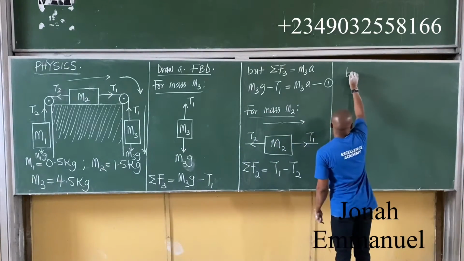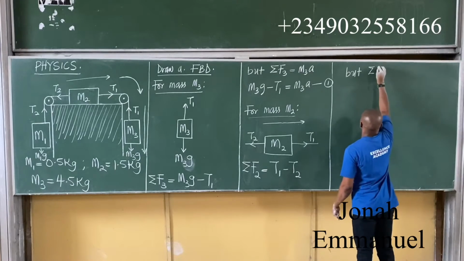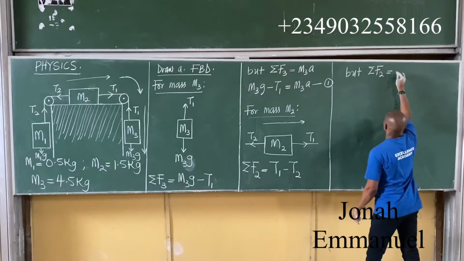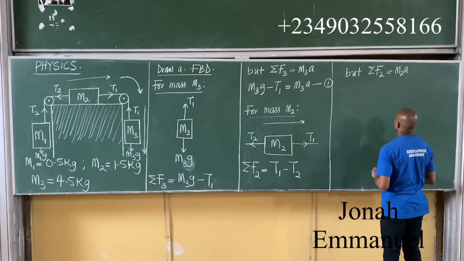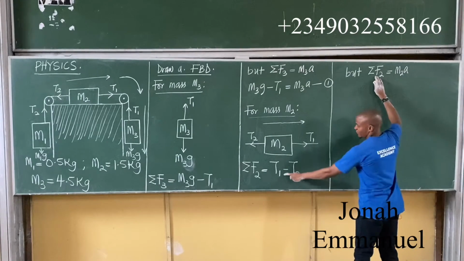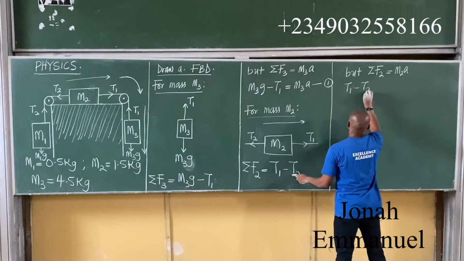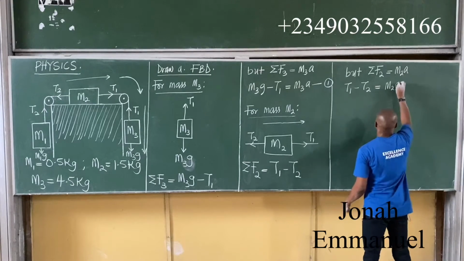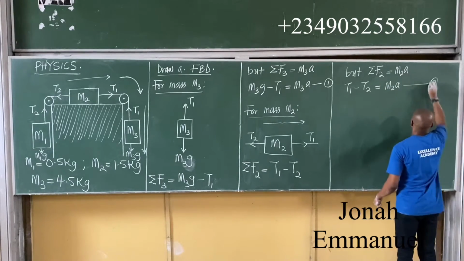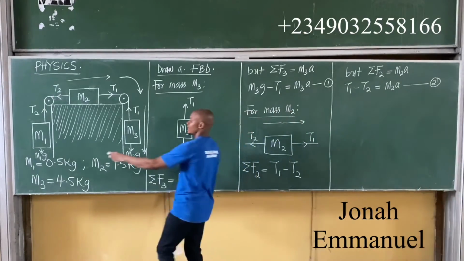But we know that sigma F2 is equal to M2A. Put this value here: T1 minus T2, that's sigma F2, is equal to M2A. Here's my second equation.